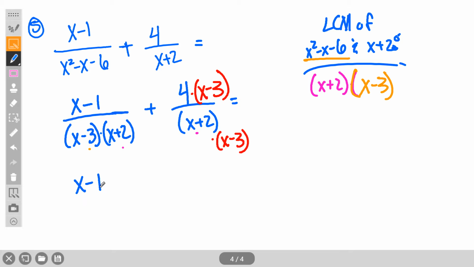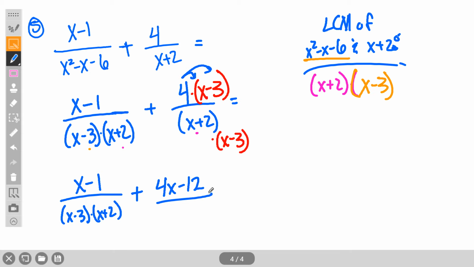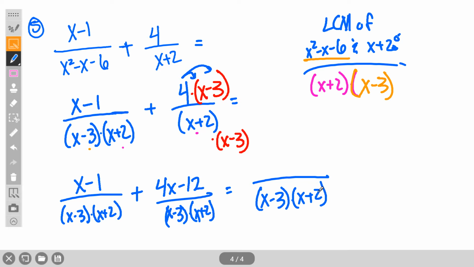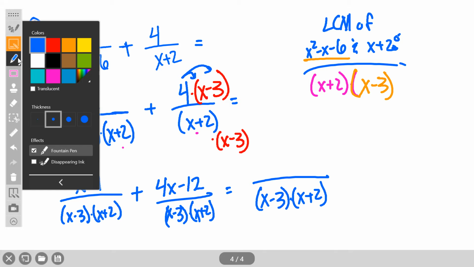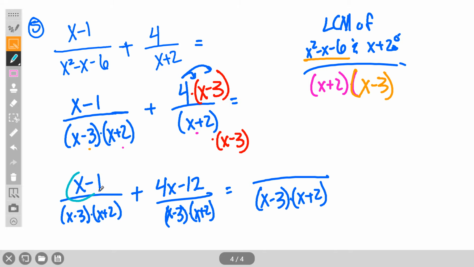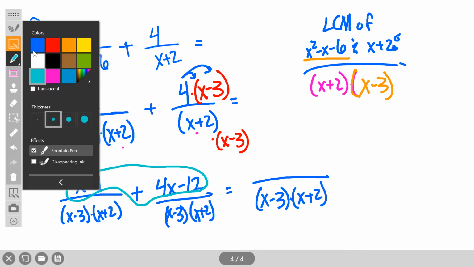So this stays the same. I got x minus 1 over x minus 3 times x plus 2, plus, put this in standard form, 4x minus 12 over x minus 3 times x plus 2. Now that the denominator is the same, my answer is going to be over that denominator. And all I have to do is the operation in the numerator.